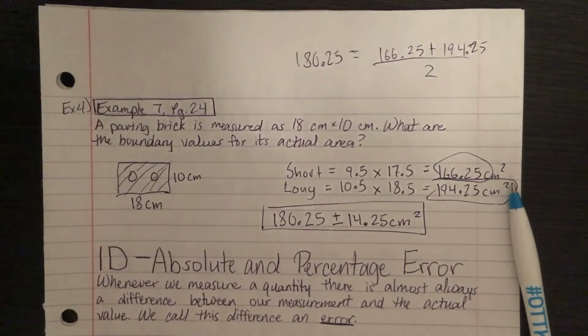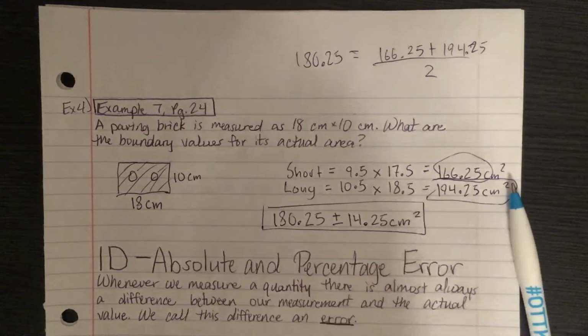And so with measurement error, you just have to be sure to add and subtract your half unit that could occur from error from rounding, and then find the short one, and then find the high one.